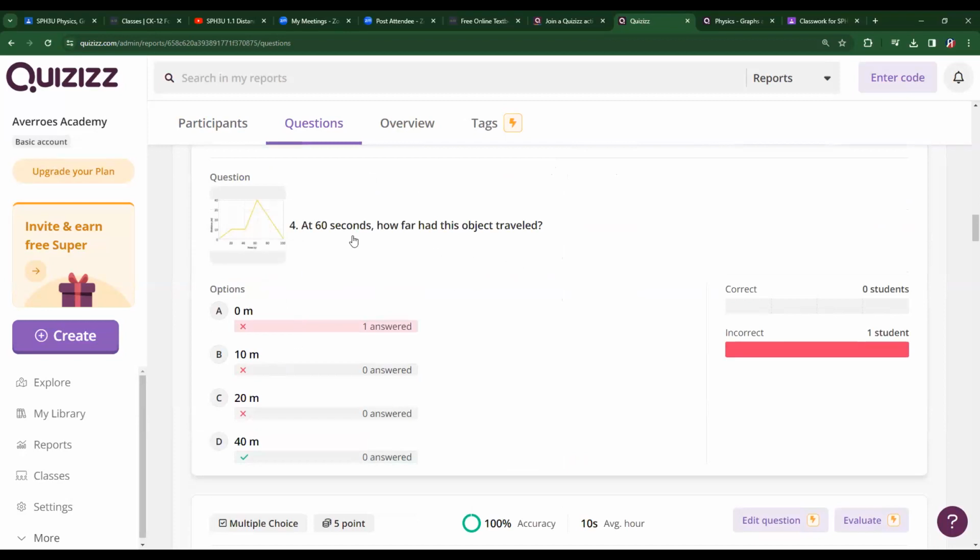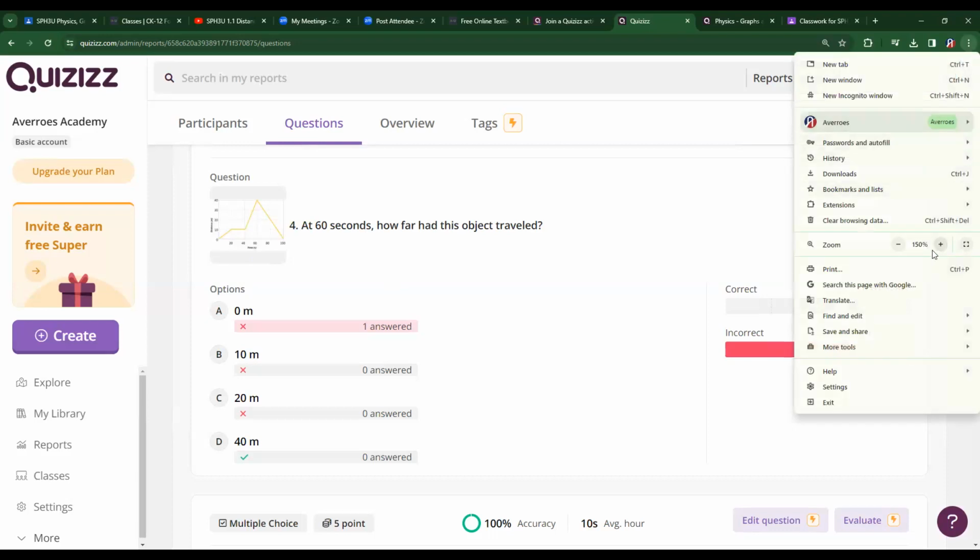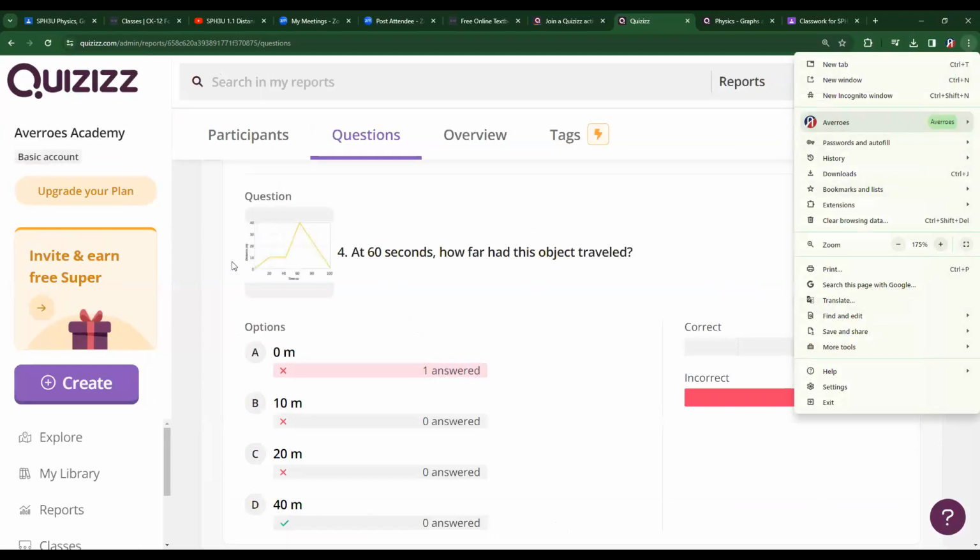Okay, this one, okay, not right. At 60 seconds, how far object traveled? So you are reading the graph.